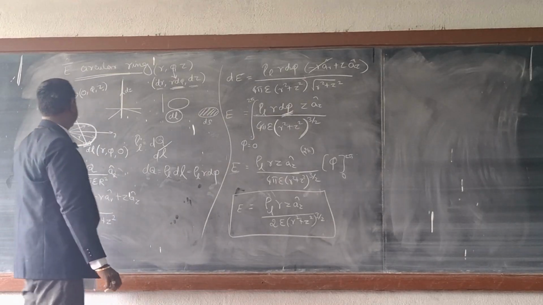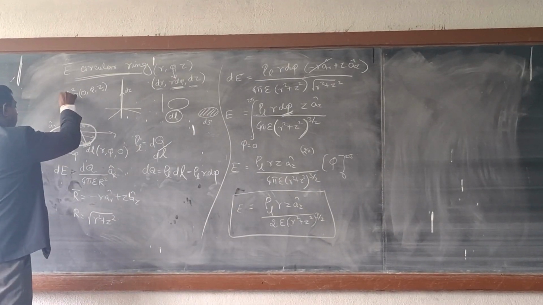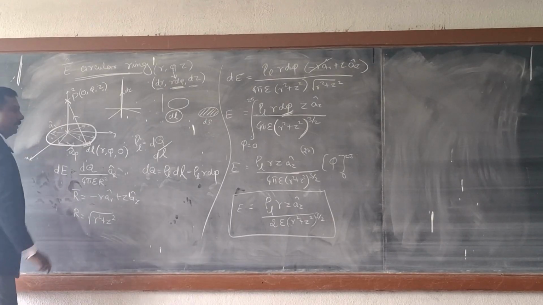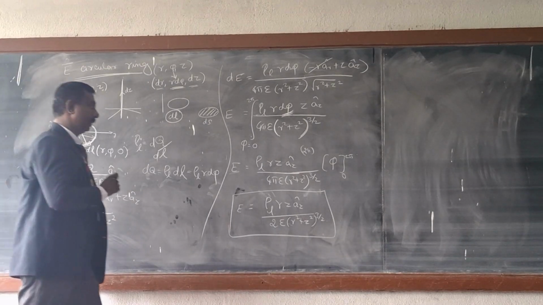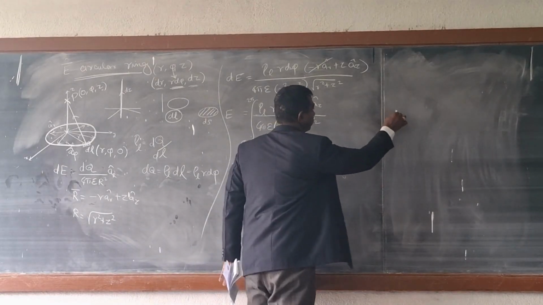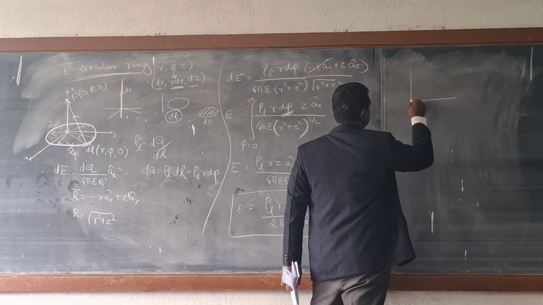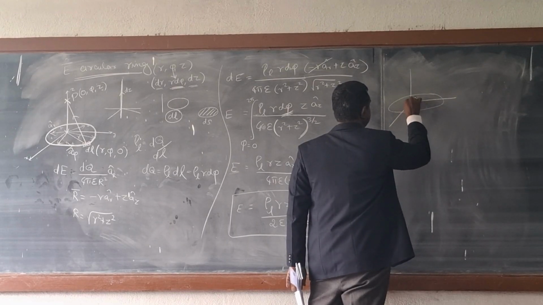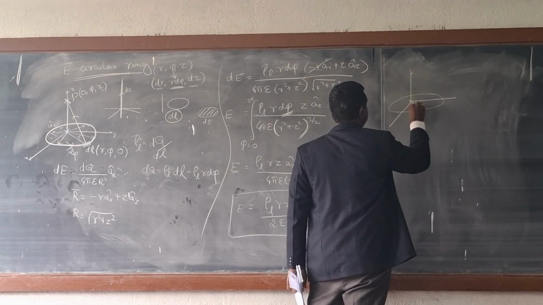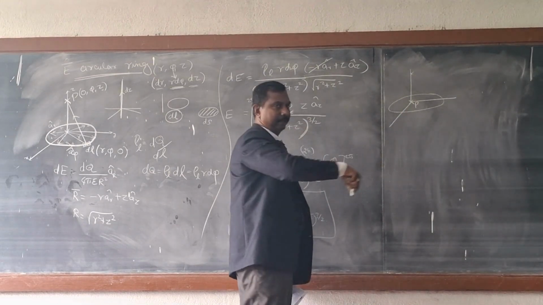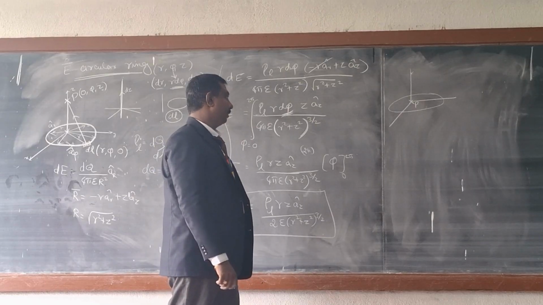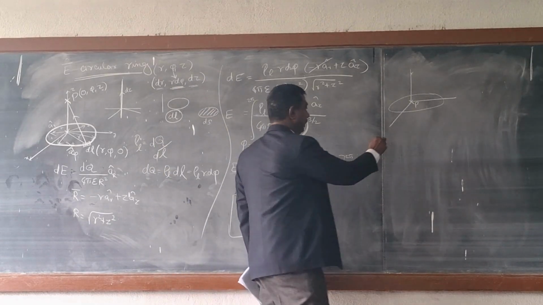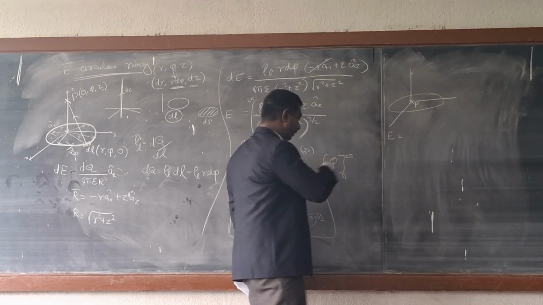Let us assume this point is on the center of this ring, right? We have a ring here. Same thing. Instead of a point above, I'll be having a point in the center of the ring itself, right? What is the formula for E? We can derive it from here.